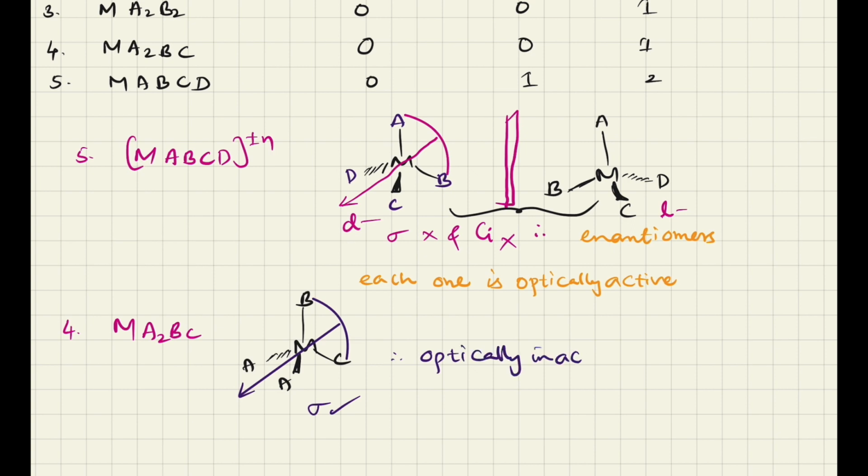So I am not giving an example for each one, only one sentence to understand: any two ligands the same means 100% optically inactive. Geometrical isomers are not at all possible because the bond angle cannot be changed. This is the simplest explanation of geometrical and optical isomerism in tetrahedral complexes with monodentate ligands.